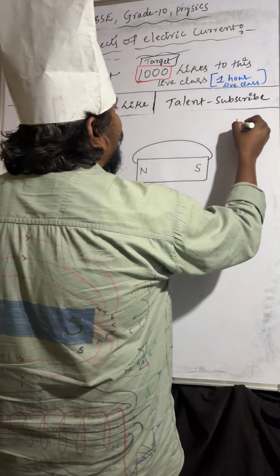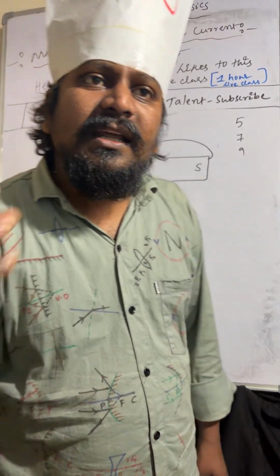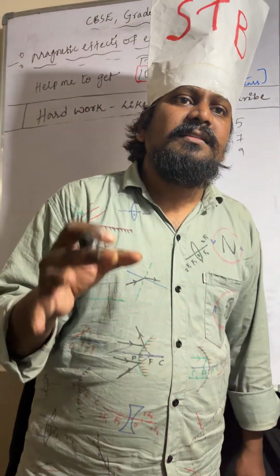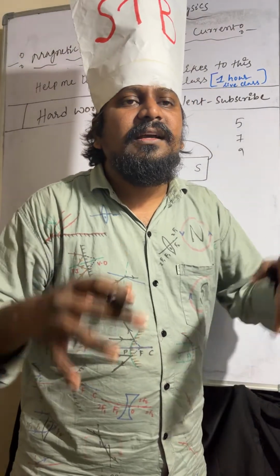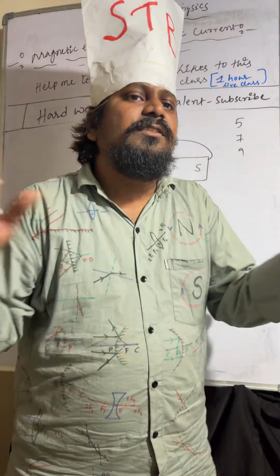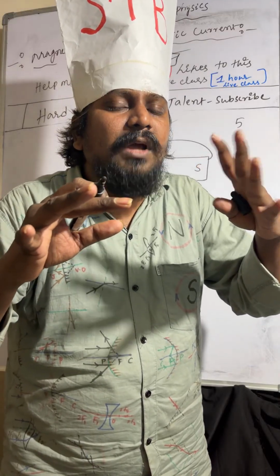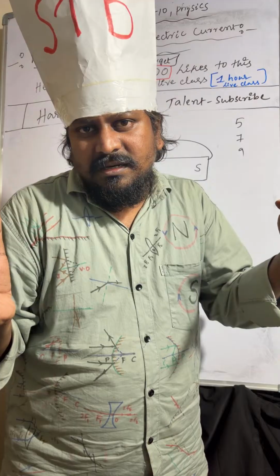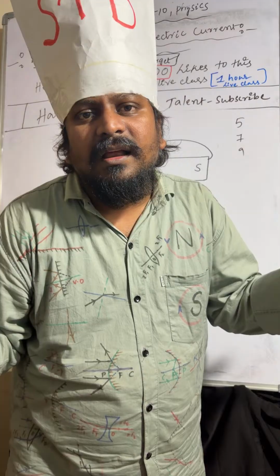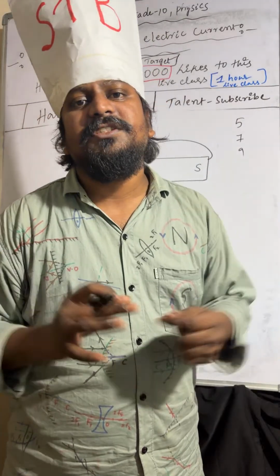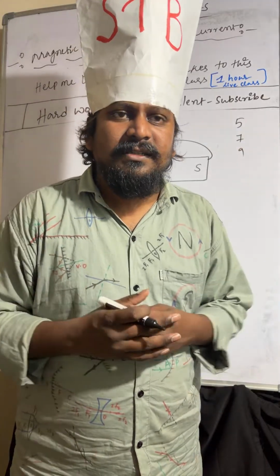You can take 5 lines, 7 lines, or 9 lines, to represent it in a clear, proper, visible, neat and nice looking way. The first impression is the best impression. If you draw the diagram well, you will get good marks.